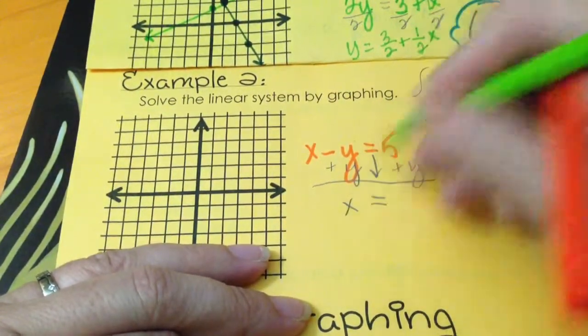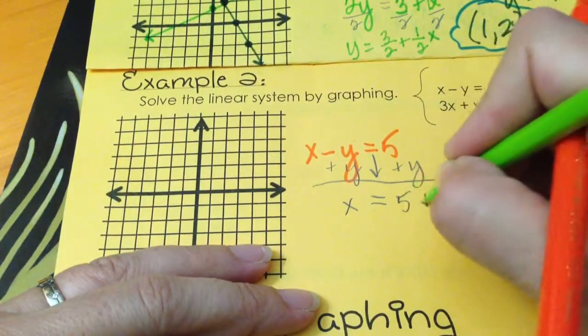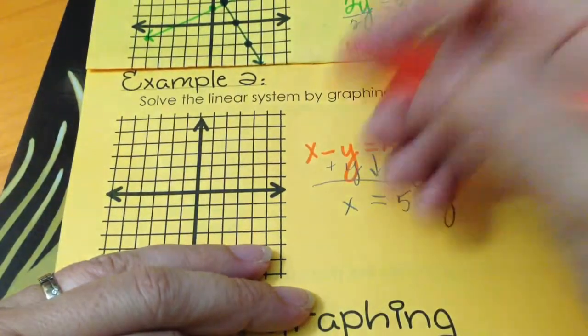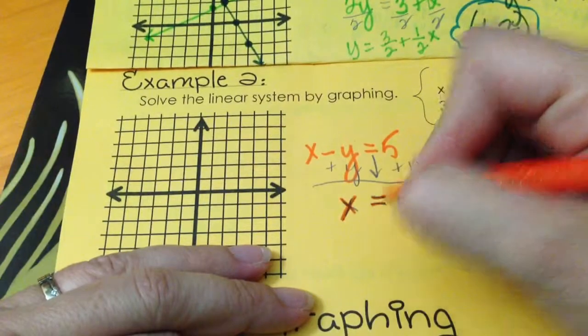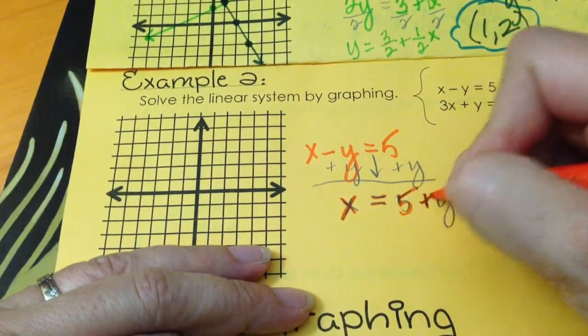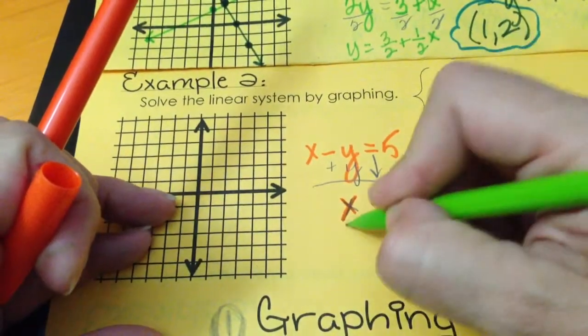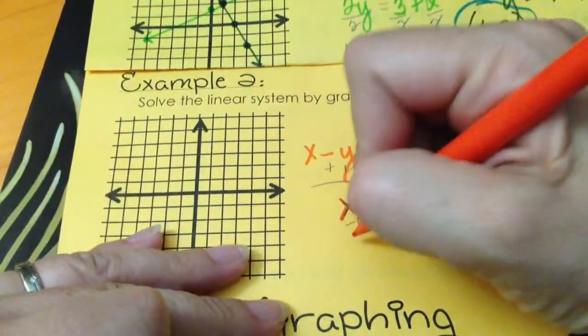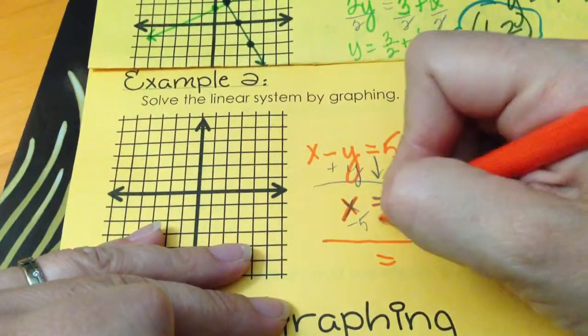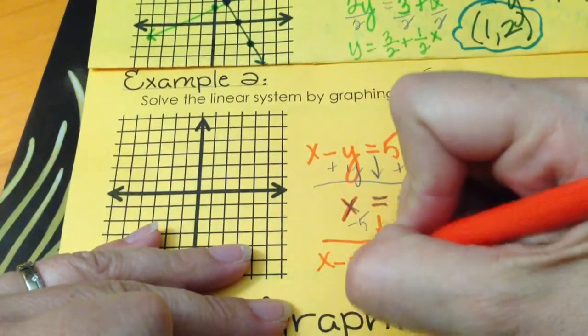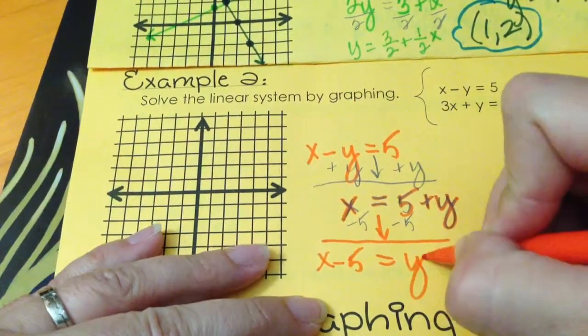My y is just going to be on the right-hand side, so 5 plus y. So I'm getting the y on the right just to keep it positive. And then I'm going to subtract 5 from both sides and get x minus 5 equals y.